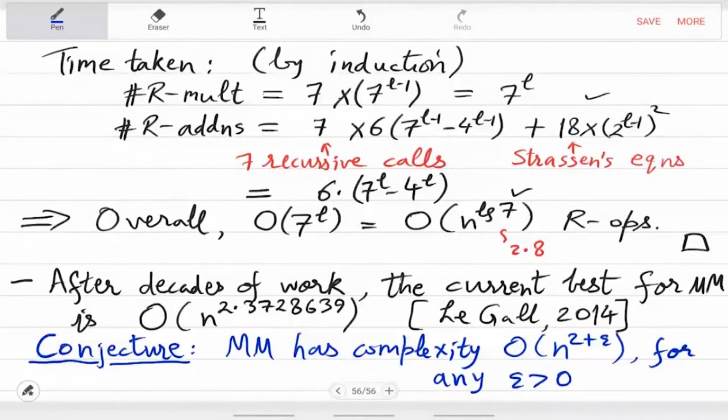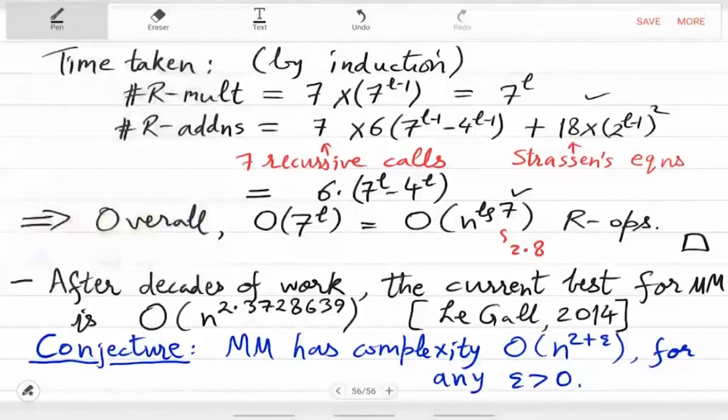Note that you cannot do better than this because your input size is 2n square, and your output is also n square. So you can never improve on n square. That's really asking for too much. After this log 7, things become quite complicated.